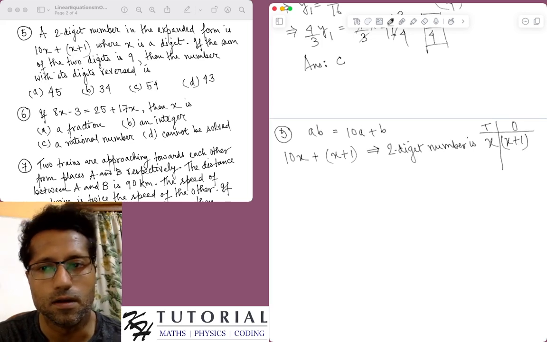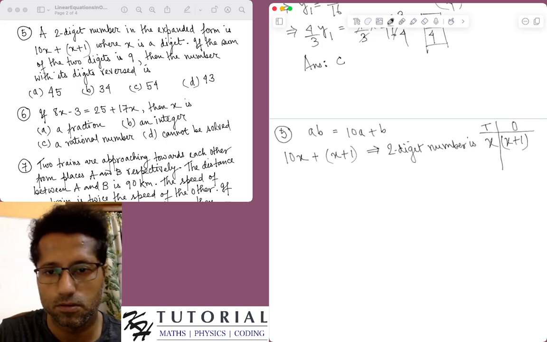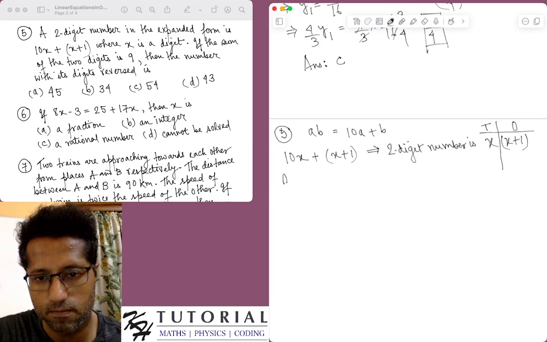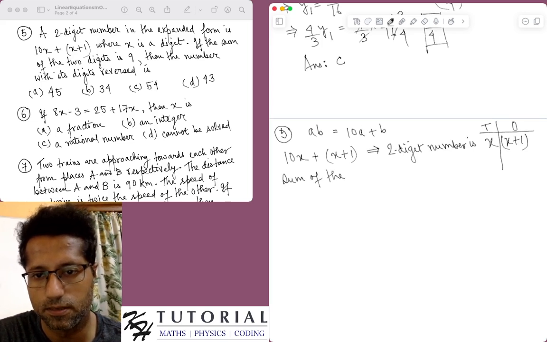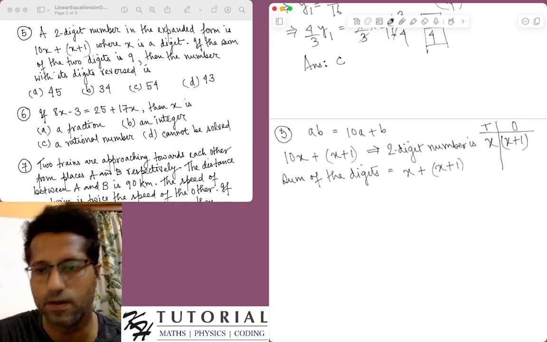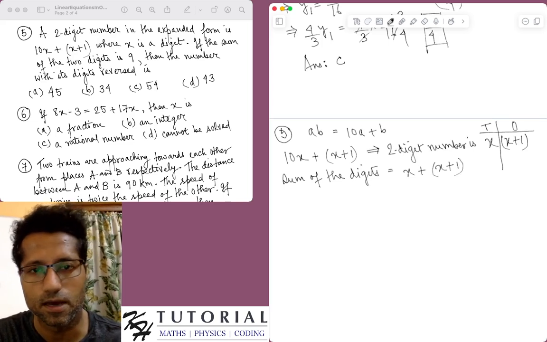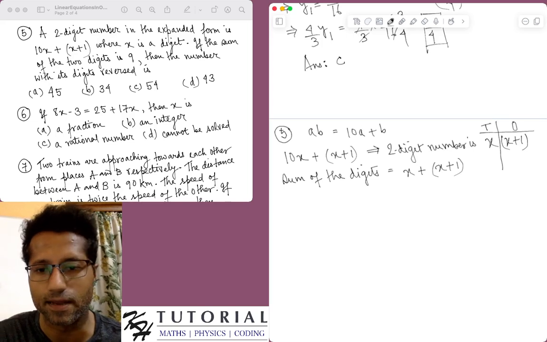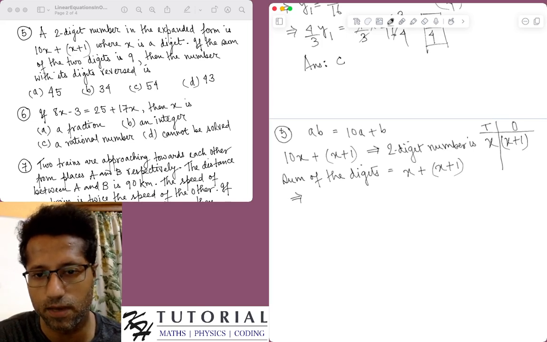Okay. And it is saying that the sum of the two digits is 9, so the sum of the digits, we know, equals x plus x plus 1. This has been given in the problem to be 9. So we have 2x plus 1 equals 9.